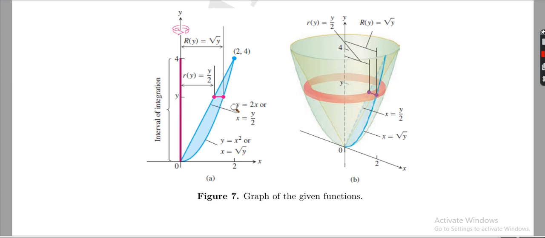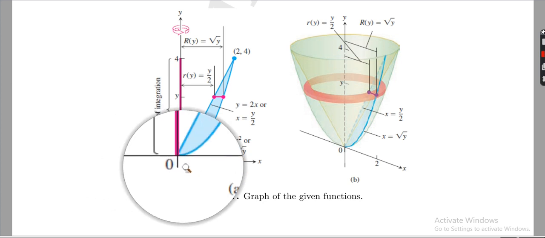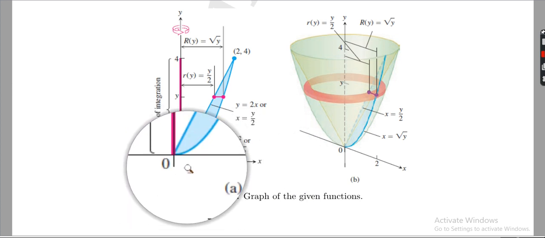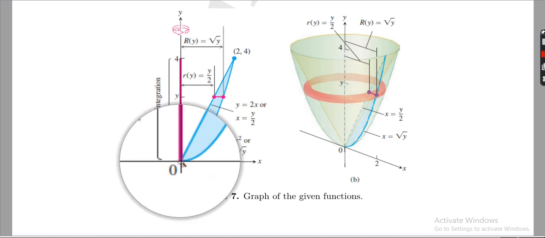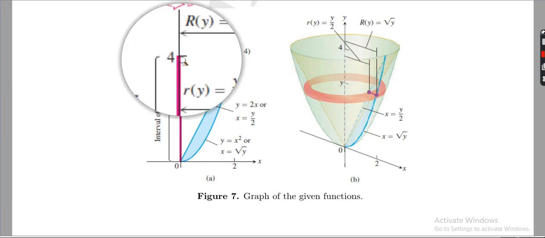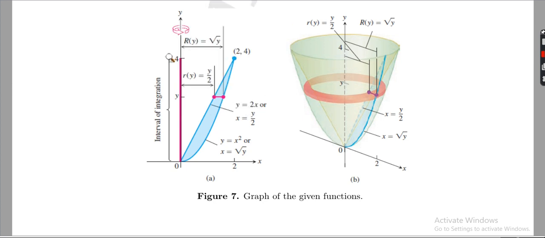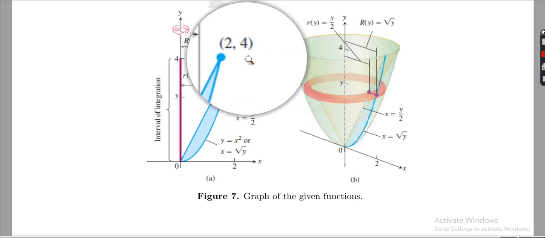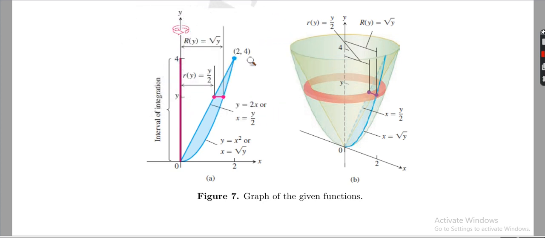Now the thickness of the washer is expressed in terms of y, so that is dy, and the limits of integration will be from your lower boundary ng region, and that is from 0, up to here, and this line is at y equals 4. Okay, so our lower limit is 0, and then upper limit is 4.